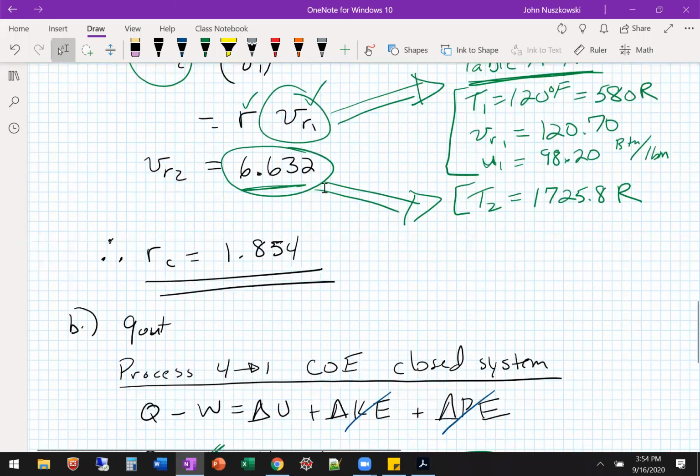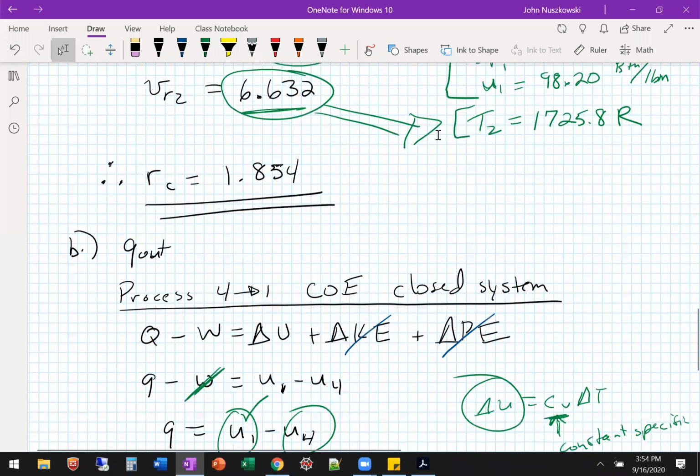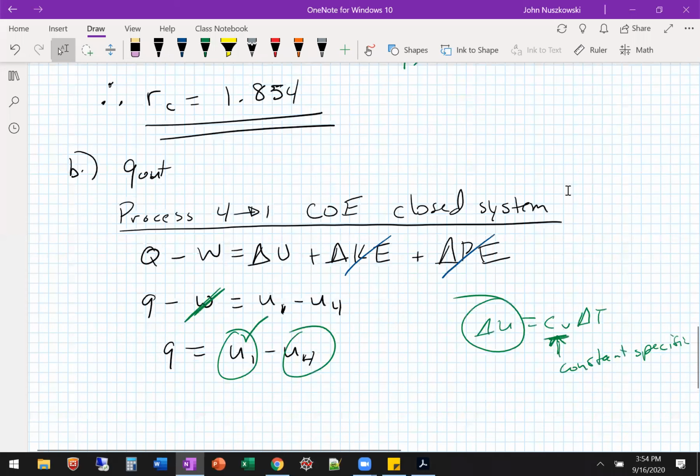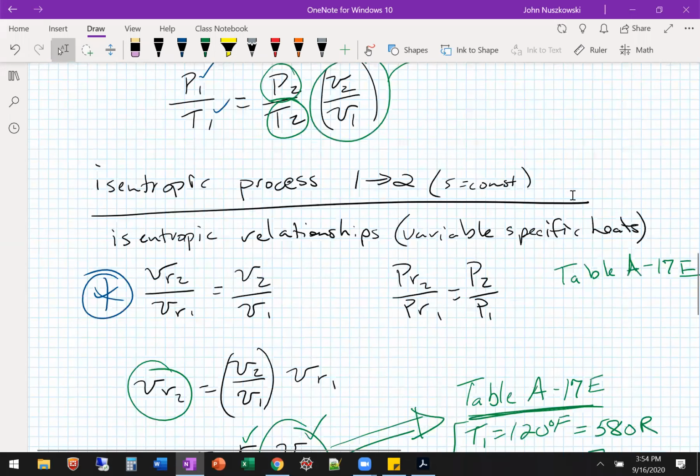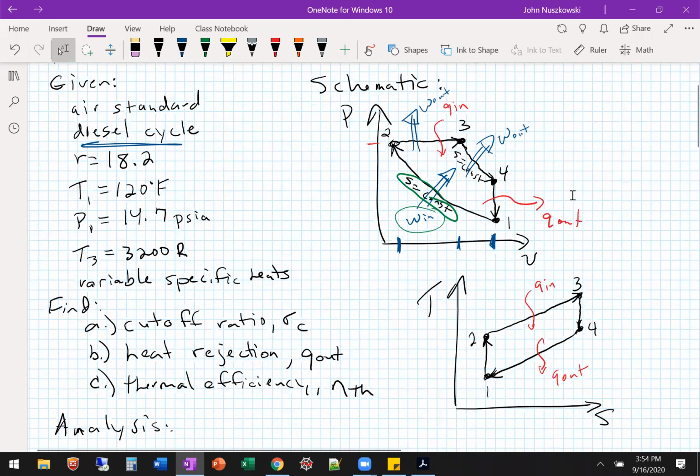But now we need to figure out stuff for 4. Any ideas? We can't use a CUE because we're using that right now to solve for Q out, and it has 2 unknowns. So we need something else.